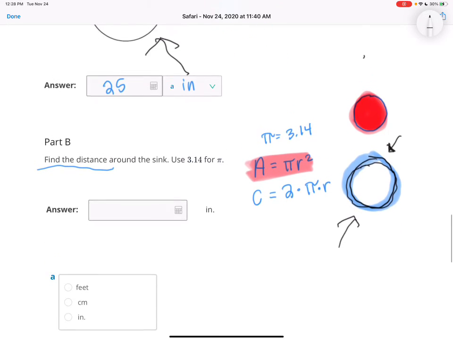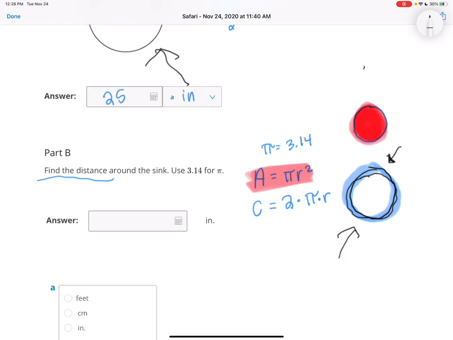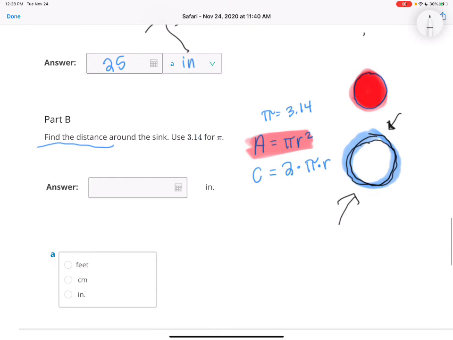So if this is a half a circle, what do you think I would have to do with my formula to find circumference? If you say that in this case, we would have to divide it by 2 because it's a semicircle, you are absolutely correct. So what I'm going to do is plug in my values.